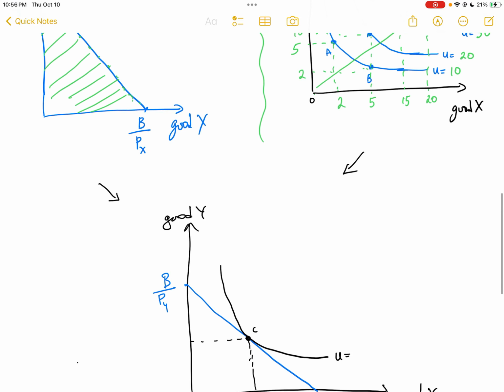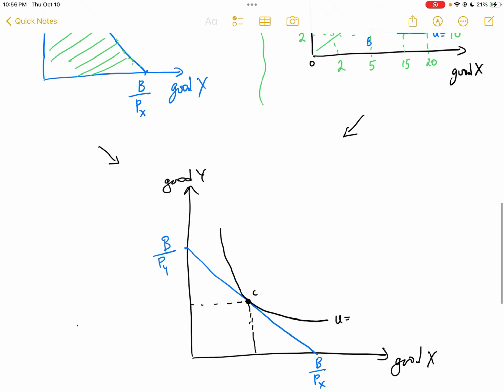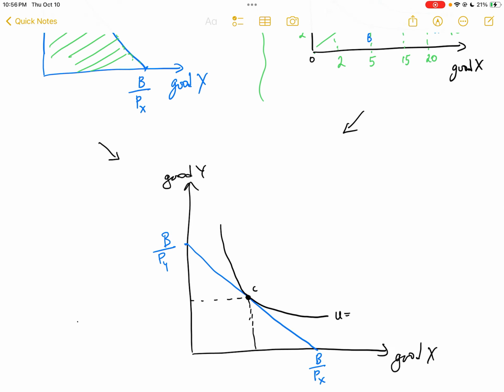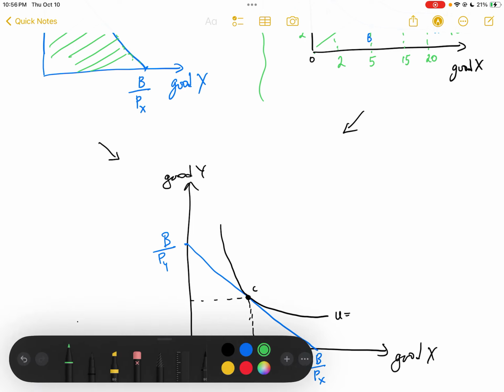Let me draw D and E. I'm going to change my color to black now.